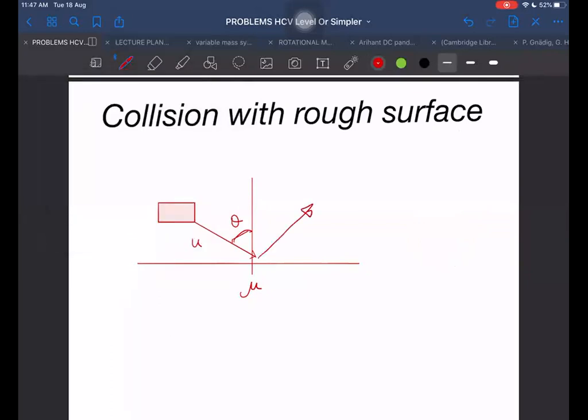This is deviated at an angle, let it be alpha, and let it be beta.